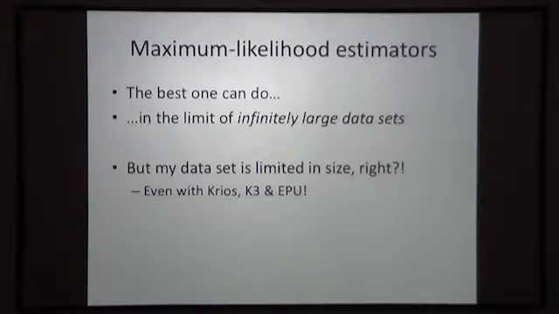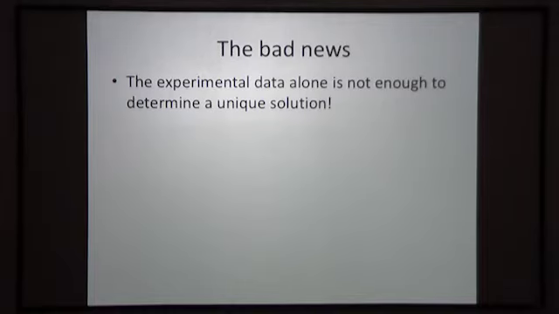And that is because maximum likelihood estimators, from a theoretical point of view, are the best one can do under the assumption that you have an infinitely large amount of images. Now that's never true, even with our very expensive setup. So the bad news is that if you average over a limited amount of noisy data, there will always be some noise remaining in the average.